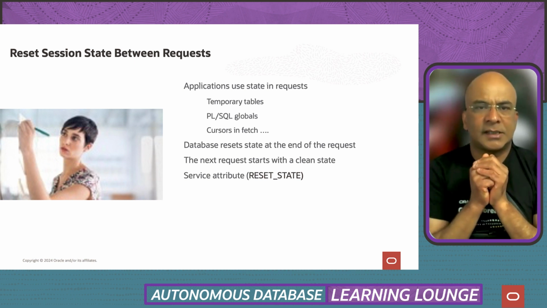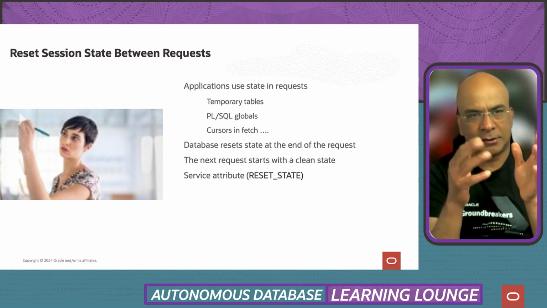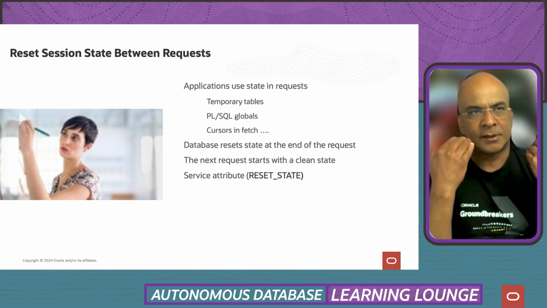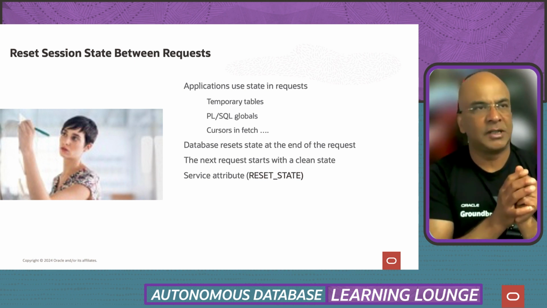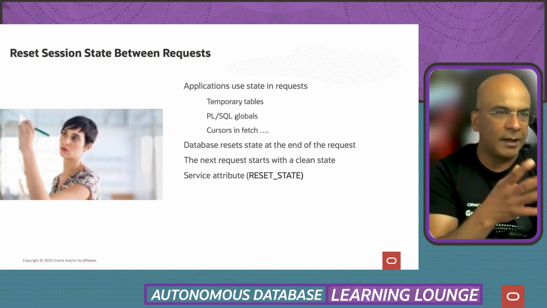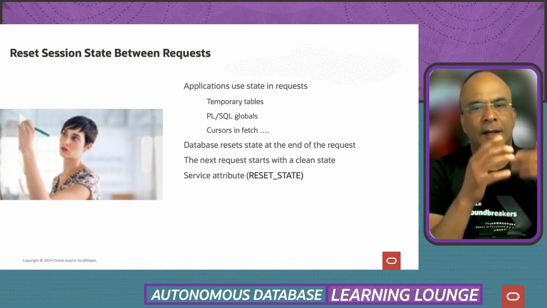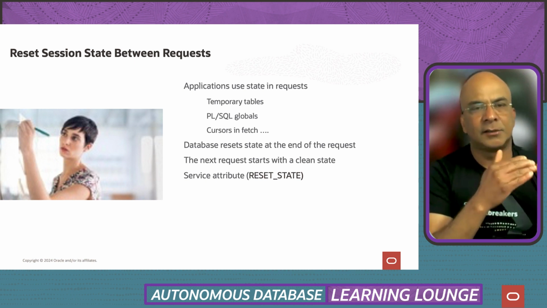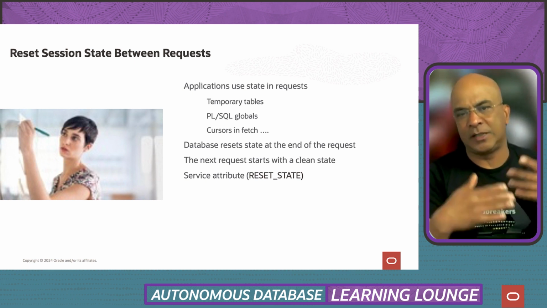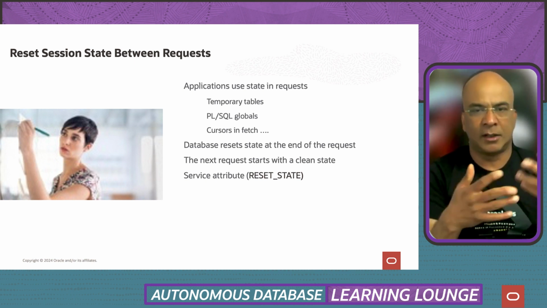Reset session state between requests. Sometimes we see certain applications using some sort of temporary work area, right? It could be temporary tables, PLSQL globals, or whatever, and they try to work in that. This is not something that is logged into the database, because remember, temporary tables and all that information is not logged.